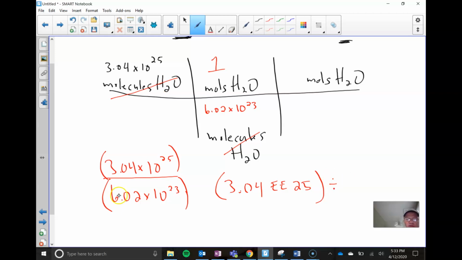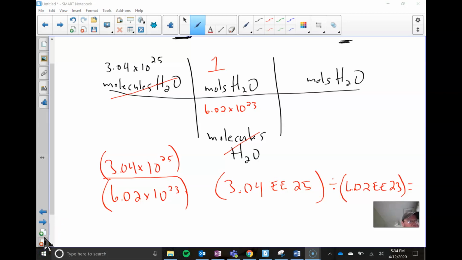And then key in Avogadro's number by another open set of parentheses. 6.02 EE, scientific notation, and then 23. Close parentheses, then hit equals. Okay, I'm going to give you a chance to calculate that, and we'll see if you get what I get.